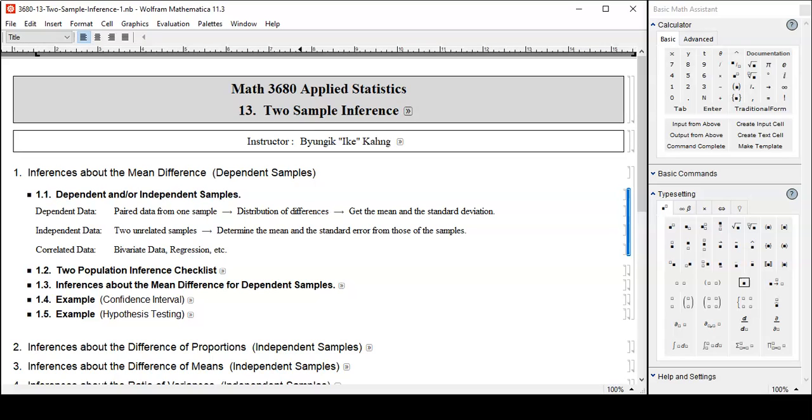We're going to consider correlated data, or bivariate data, or regression analysis, whatever you may call those kind of things, in probably week 14 or 15, depending upon how things go. Here, we're going to spend about 5 to 10 minutes on dependent data, and the rest of the class time will be spent on two independent data.